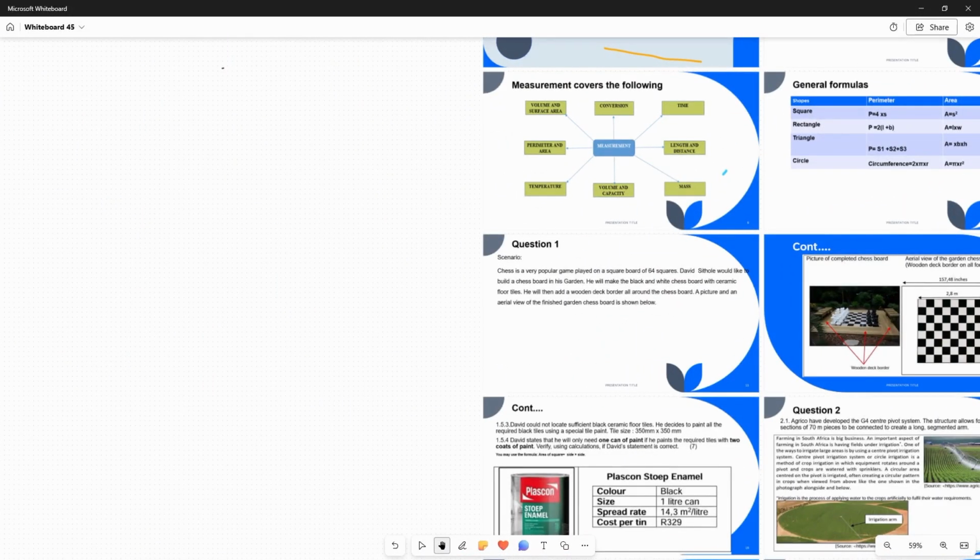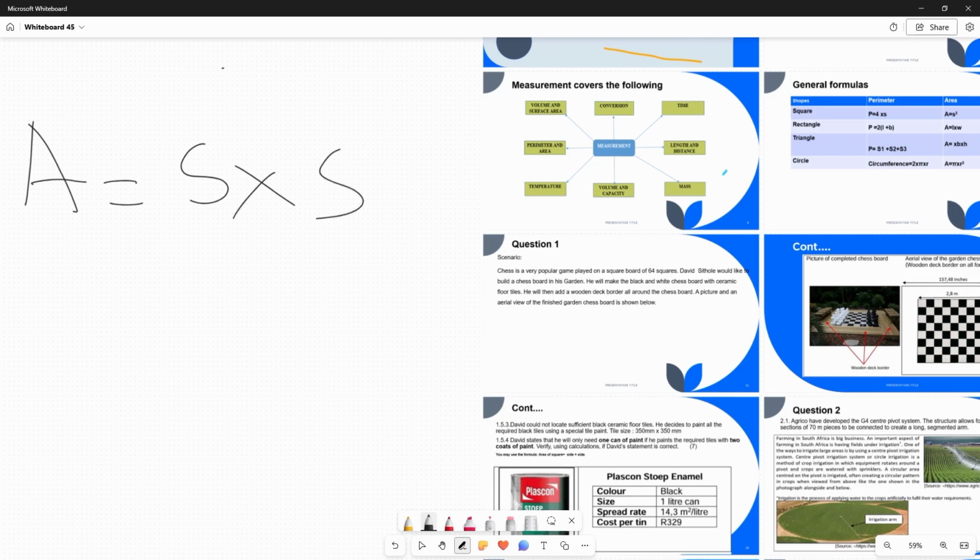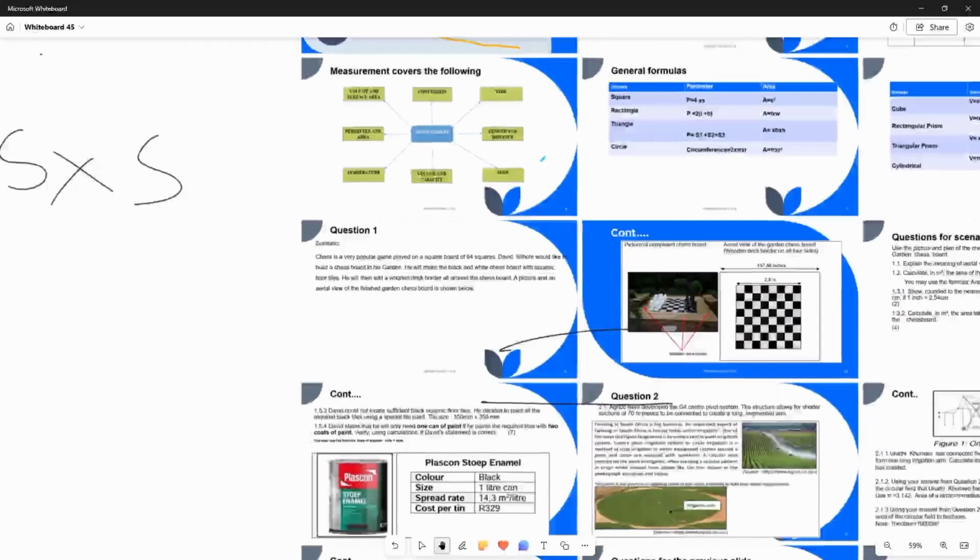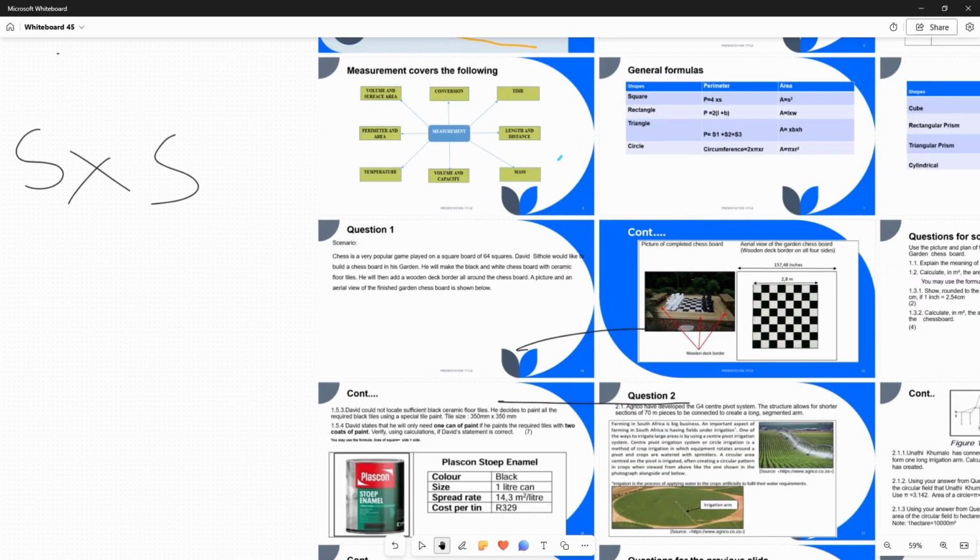We said area of a square is equal to side times side. So if we look at the chessboard, the side is 2,8.